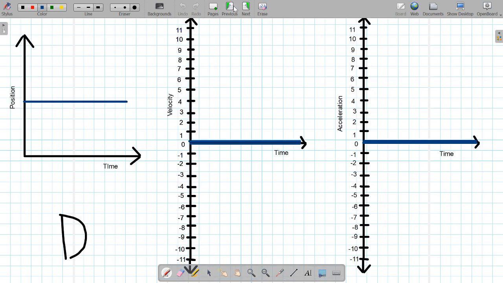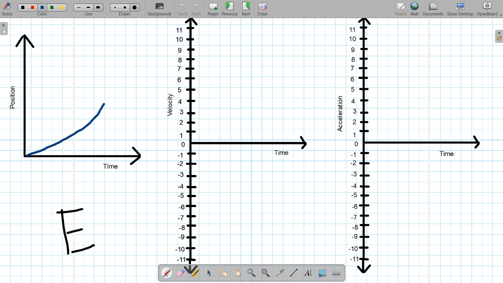How does that look on a position time graph? On a position time graph, we're going uphill and we're becoming steeper with time. For a velocity time graph, that means I'm on the positive end and I'm getting further away from 0. So my velocity time graph looks like this.